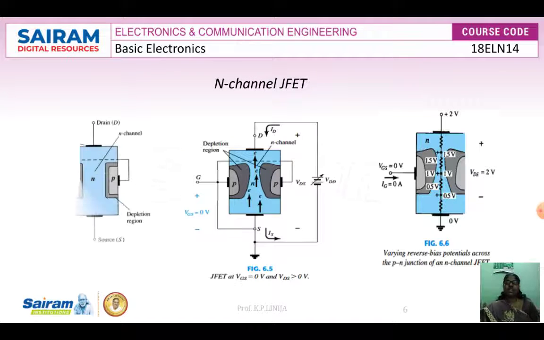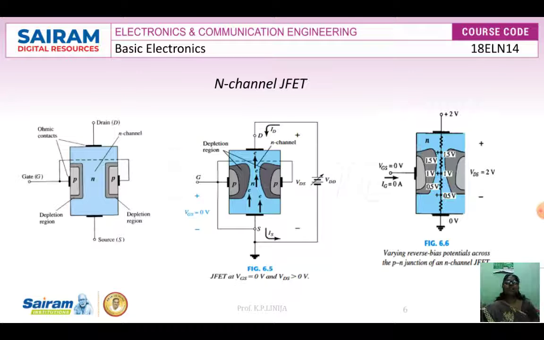Here there are three diagrams. The first diagram shows the construction of the N channel JFET, and the second diagram shows the operation and the voltage applied during operation. The third diagram shows how the depletion region changes as the voltage increases and how the characteristics change. First, let us discuss the construction of the N channel JFET.